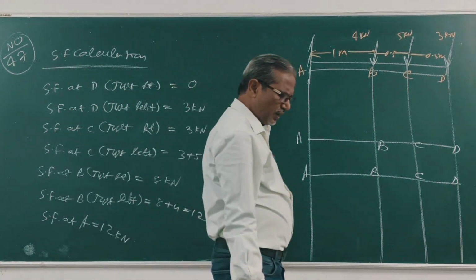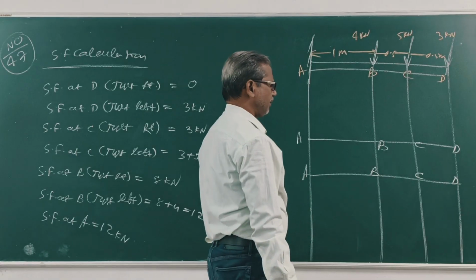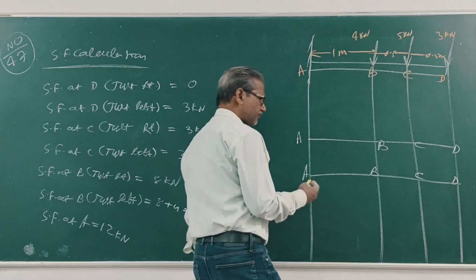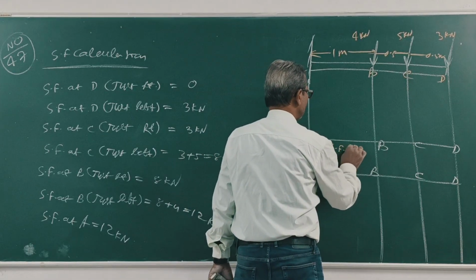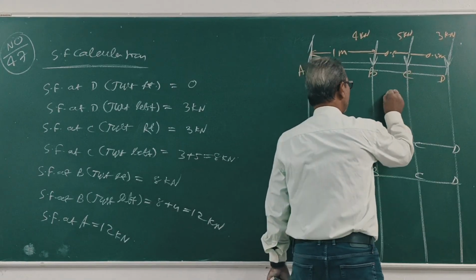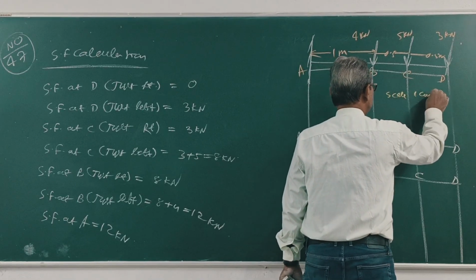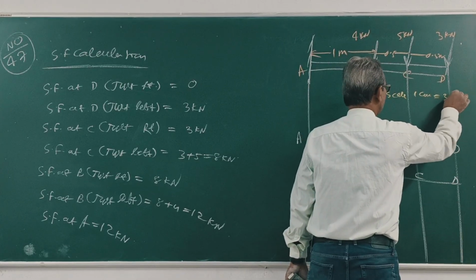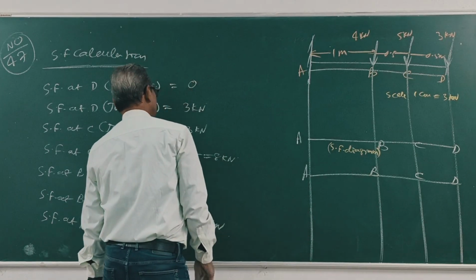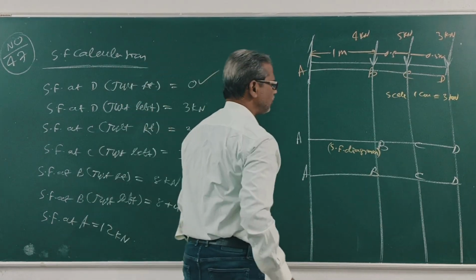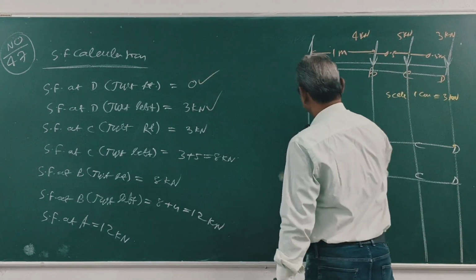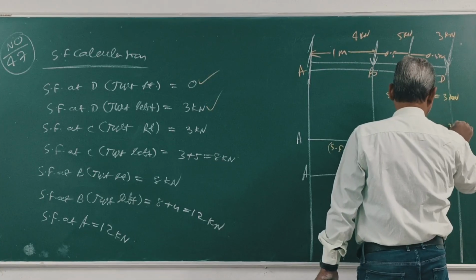Right. Now draw the shear force diagram. Scale: 1 cm is equal to 3 kilonewton. At D just right it is 0. At D just left 3 kilonewton means 1 cm.